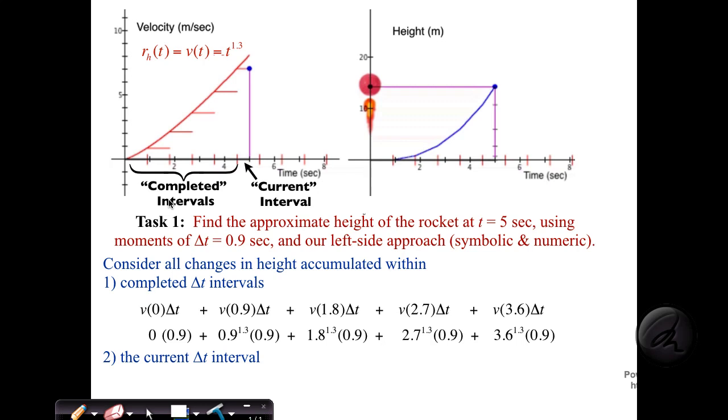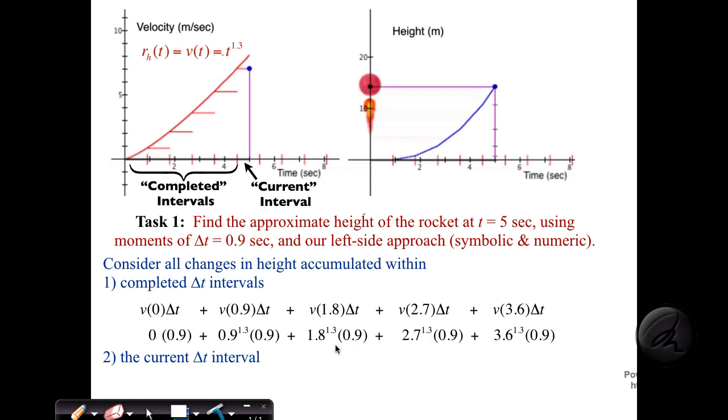The expression down below with the numbers, actually using this formula and also putting in the delta t's, we still got, even putting in the specific formula, 0 times 0.9, 0.9 to the 1.3 times 0.9, 1.8 to the 1.3 times. Why isn't this 1.8 here in this third term? It says 1.8 to the 1.3. Why isn't it times 1.8?